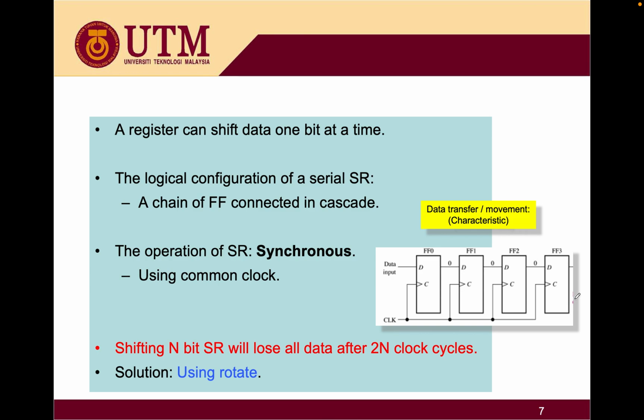A register can shift data one bit at a time. When you have done one bit, you go for another bit, and another bit. You cannot just directly jump to the end.